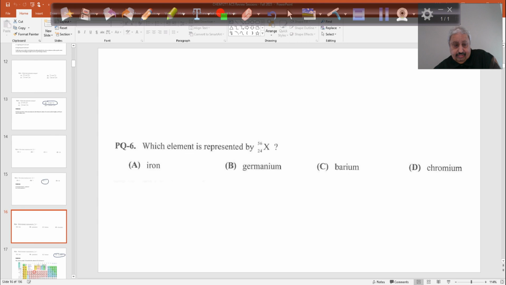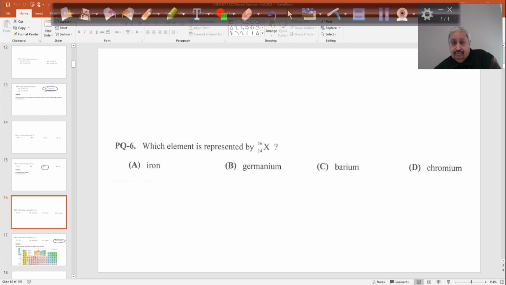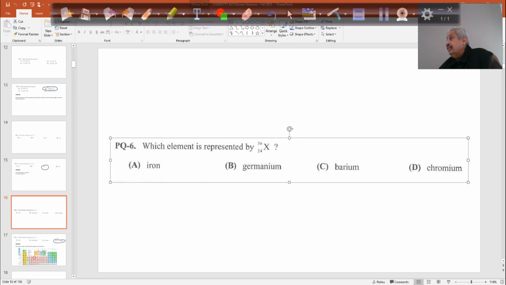Okay, guys, here it is. Which element is represented by X, 5624? Well, the whole idea of the periodic table is built on increasing atomic number. It has nothing to do with atomic mass, because we are not certain. You have to know the isotopes, and therefore you get fractional atomic masses.